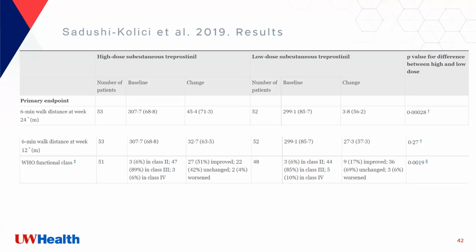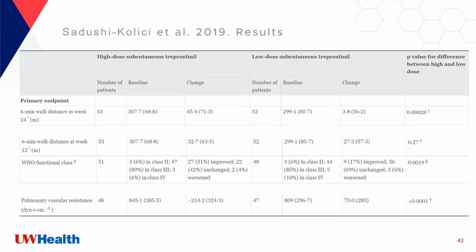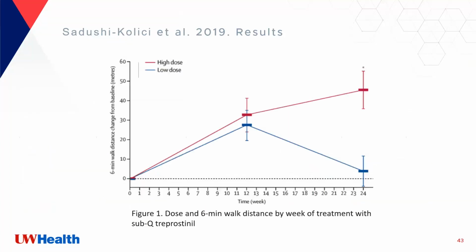Comparing WHO functional classes, 51% of patients in the high dose group improved functional class, and 17% of patients improved on low-dose treprostinil. They also looked at pulmonary vascular resistance, which also showed improvements in the high dose compared to the low dose group, with this result also being significant.